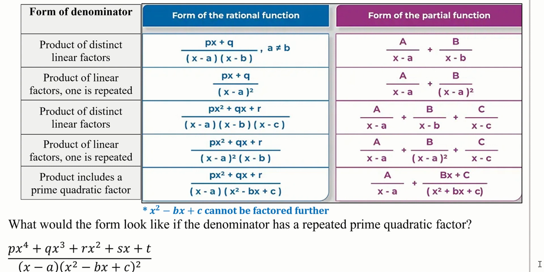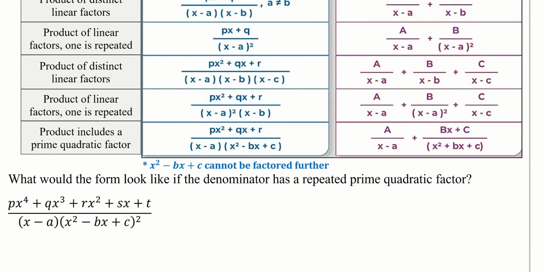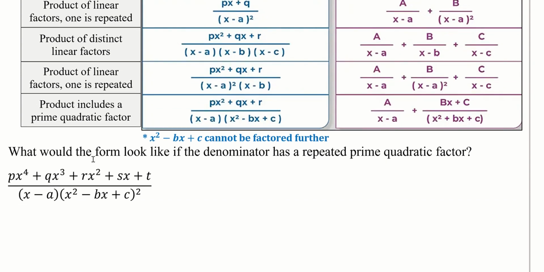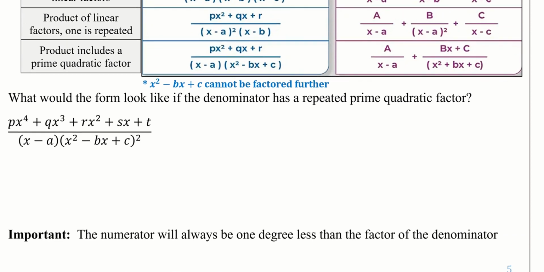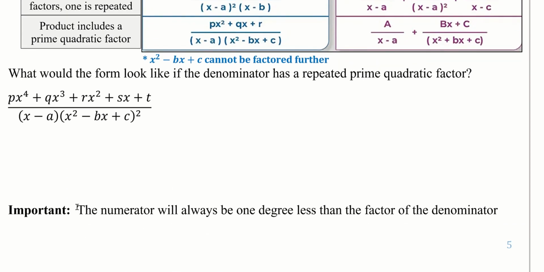So here, our last one, I'm going to scroll down because there's an important part right here. Cool. So the important part, it says the numerator, okay, when we break it down, so we're talking about that third column, the numerator will always be 1 degree less than the factor of the denominator, okay?